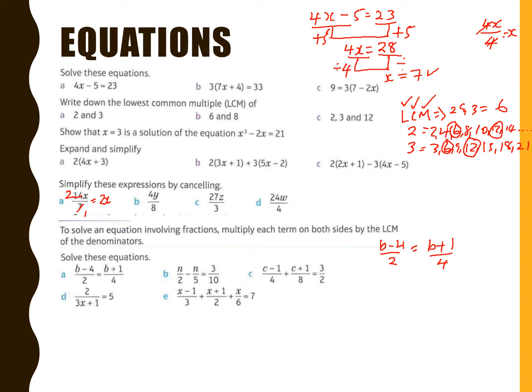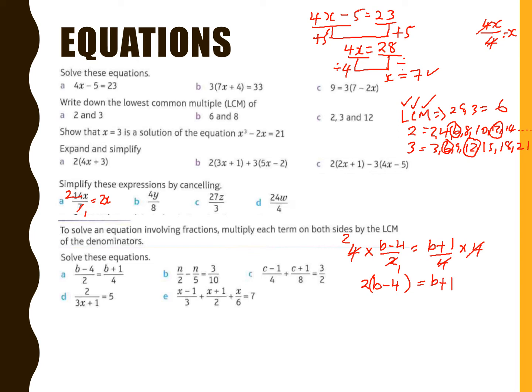So you're multiplying each term on both sides by the LCM of the denominators. So I would go times 4 on here, times 4 on there. Remember, same thing. This cancels out, but this one becomes 1 and this one 2. So I end up with 2 times (b minus 4) equals b plus 1.